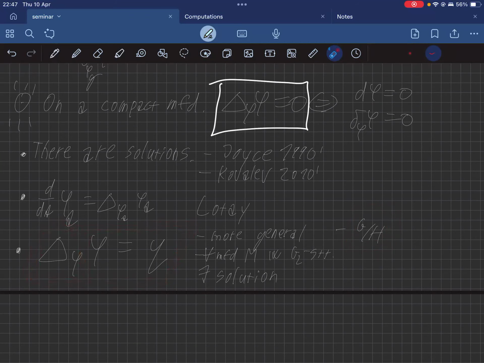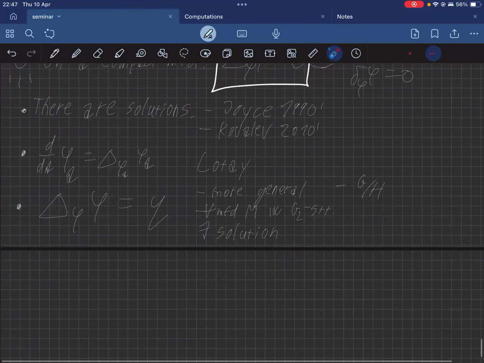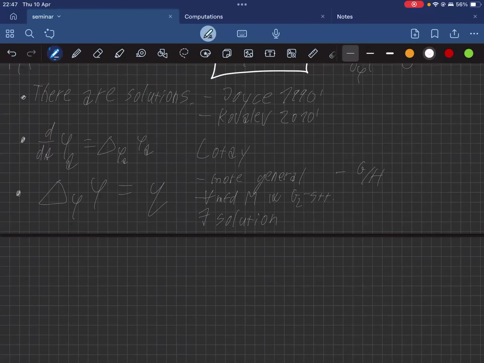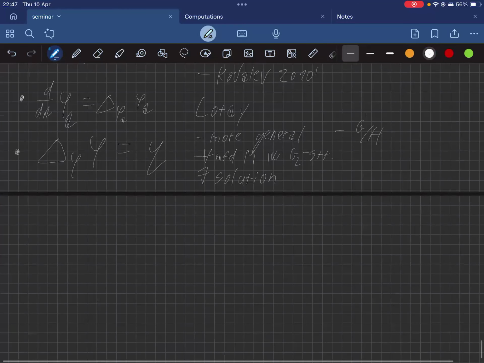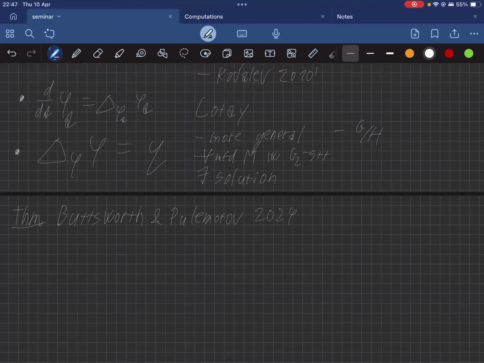In fact, that's exactly what we have done in our project. I'm going to get to it in a second. I just want to first state a theorem by Wadsworth and Polomotov, who are actually my advisors, in 2024. It's quite recent.